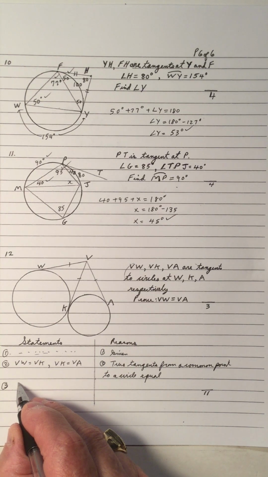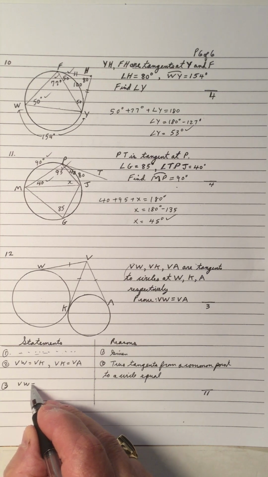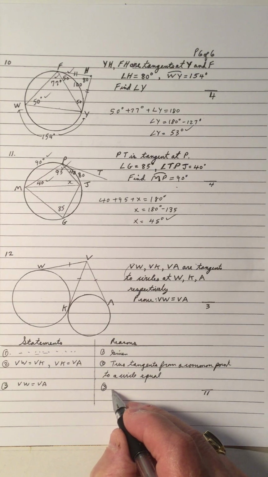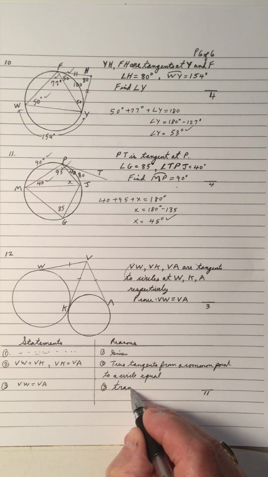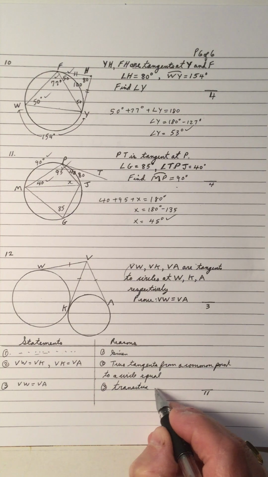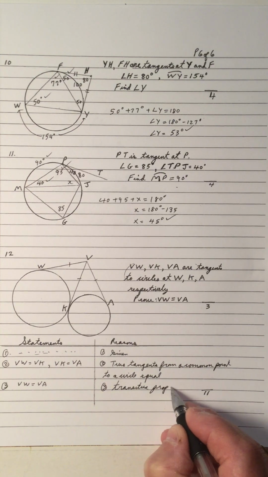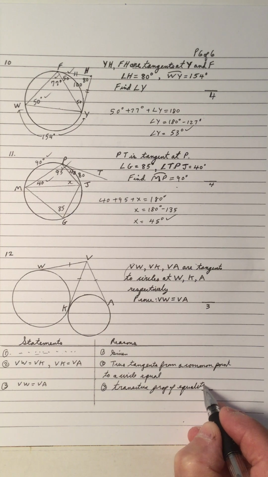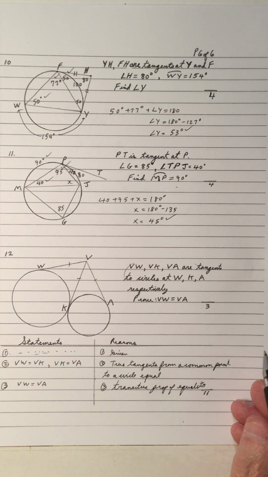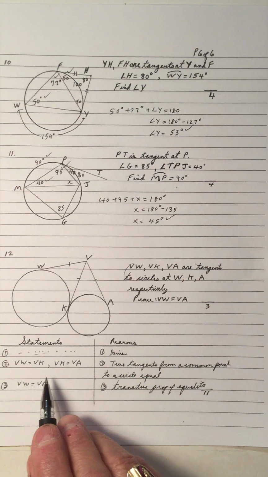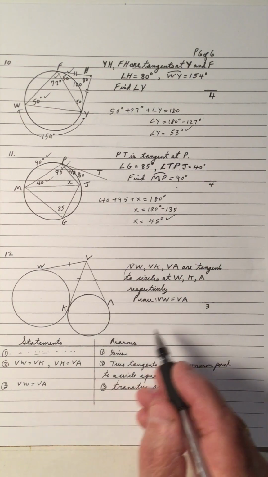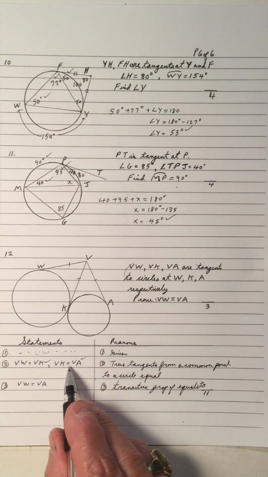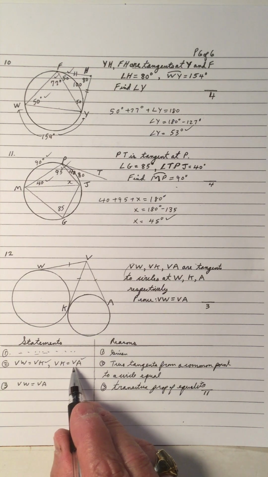That means that VW is equal to VA. And again, that's the transitive property of equality. And so if you have 3 marks, so if you have the 2 of these right here, with this reason, you can write these out separately, but I put the 2 of them in one.